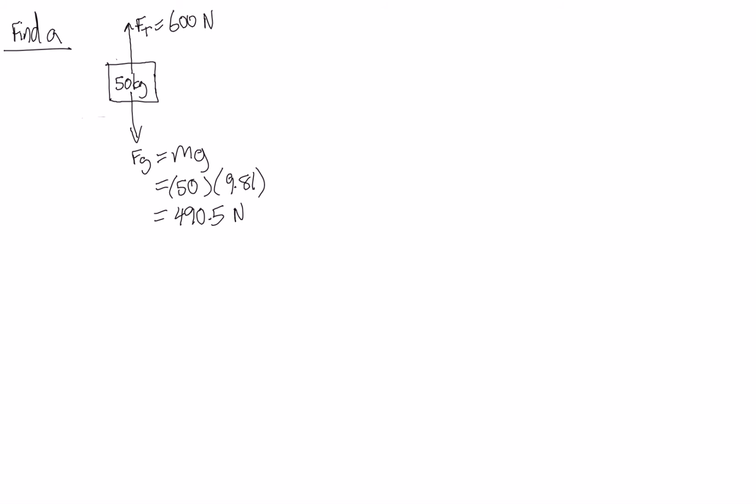Okay, so we have 490.5 newtons going down, 600 newtons going up. So our net force, remember, is always just adding the vectors together. So in this case we have 600, and we're going to add on negative 490.5 because it's going downwards. Or you could think of it as just 600 minus 490.5, it gives you the same thing. So we have a net force of 109.5.